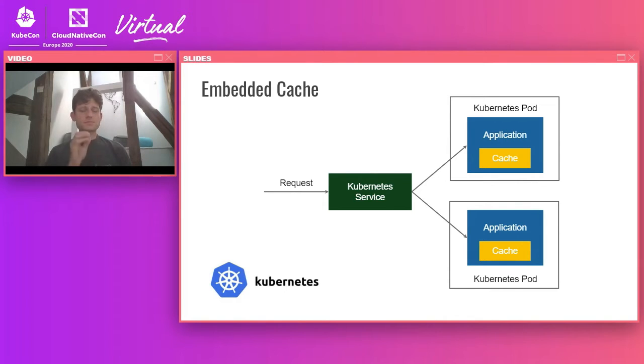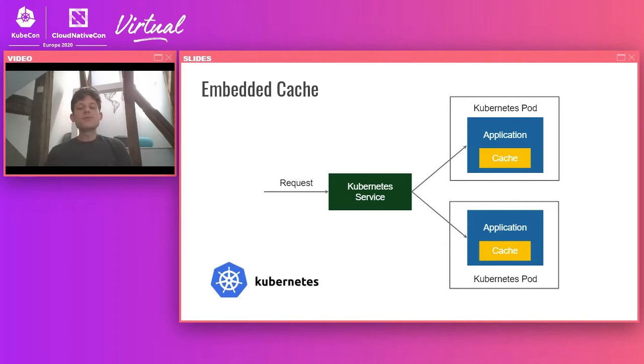Now there is a second request, which is the same. It goes to the Kubernetes service, but this time it's forwarded to the application at the bottom. So the application needs to do this business logic once again, because these caches are completely separate. They don't know about each other.